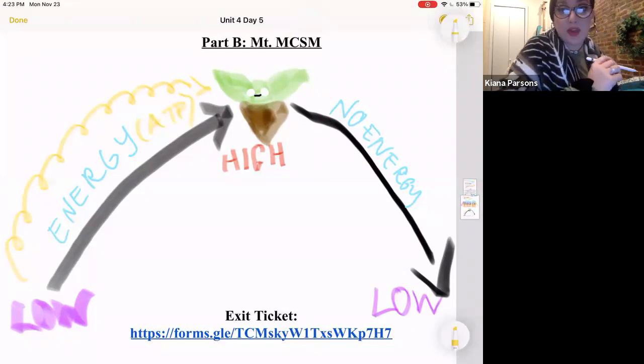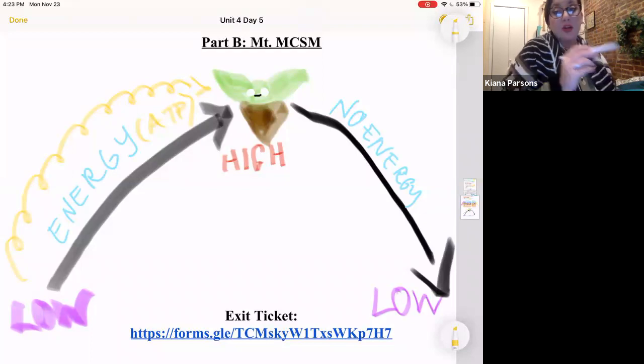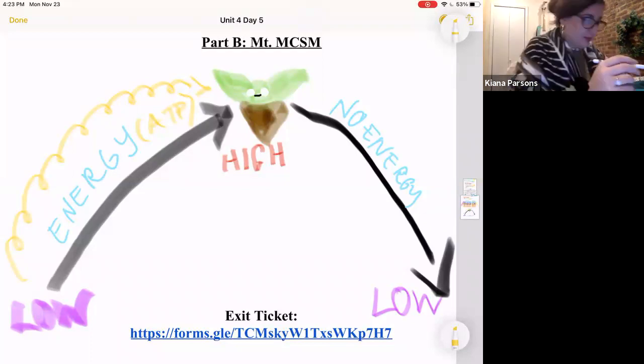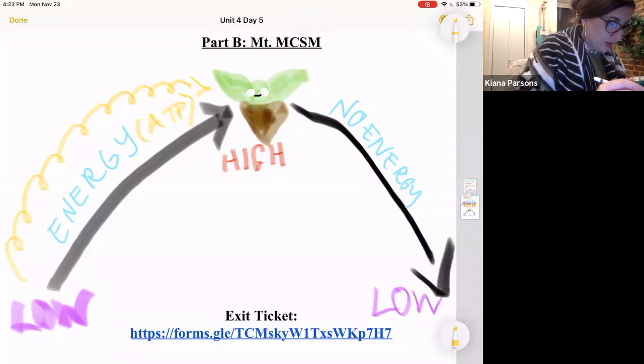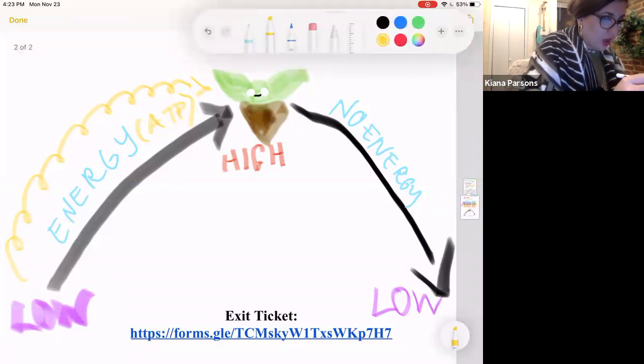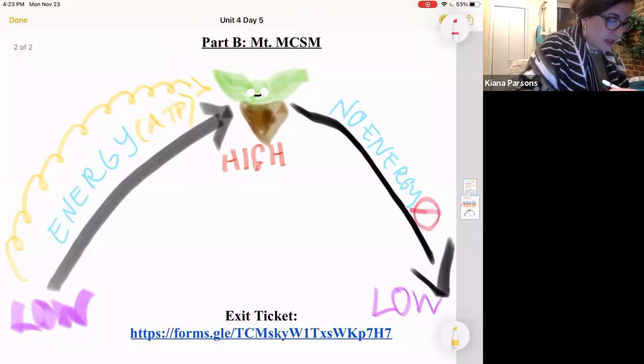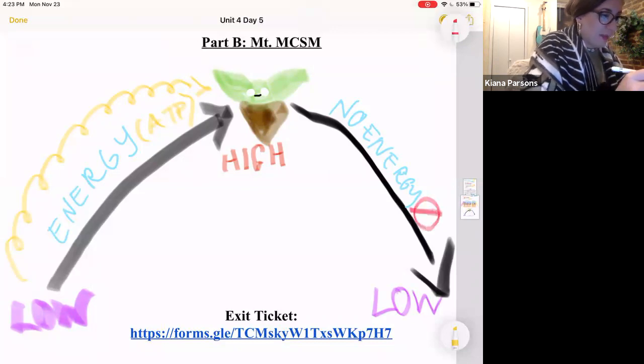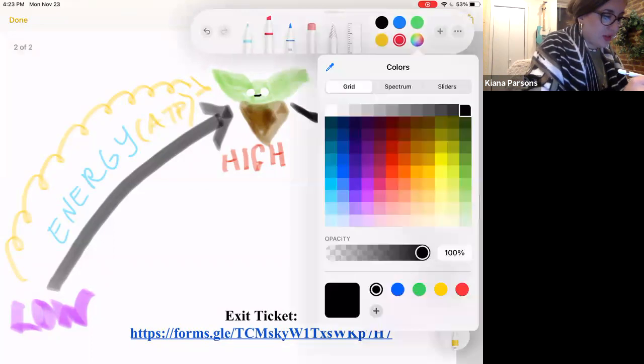In order to get up a hill, you need to use energy. But in order to go down the hill from high to low, no energy is needed. This is a passive process.